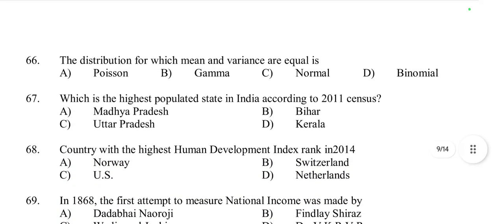Then question number 66, the distribution for which mean and variance are equal is called Poisson distribution, gamma, normal, or binomial. If the mean and variance are equal, it is called Poisson distribution. So here option A is right, question number 66.